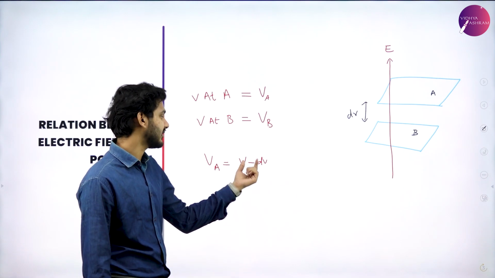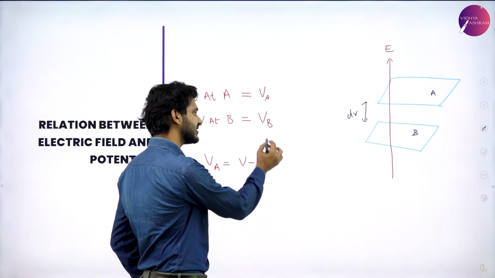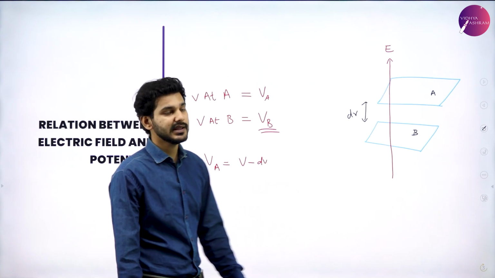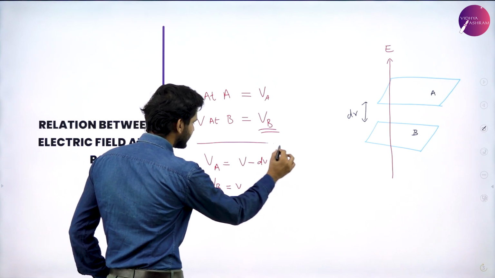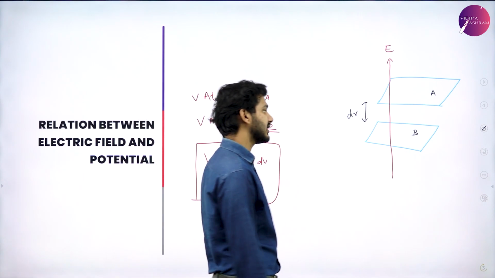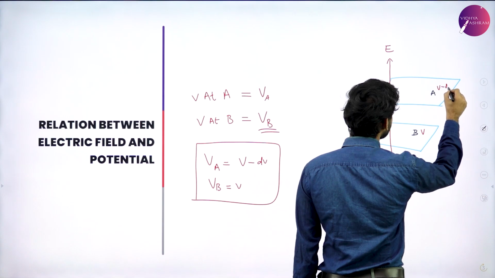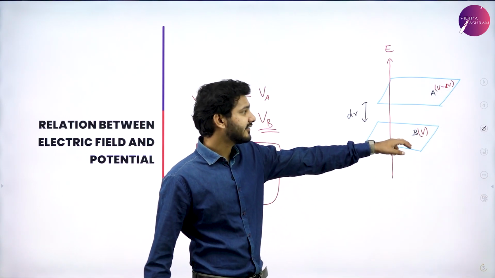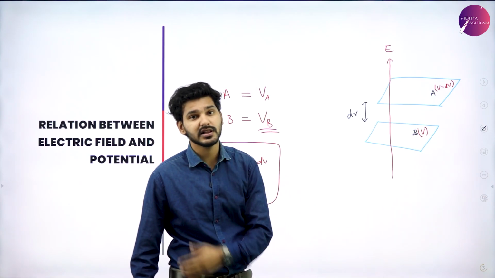And the potential at B is denoted just by V. So here it will be V, and here it will be V minus dV, because there is a difference of dr distance and along the electric field the potential will decrease.